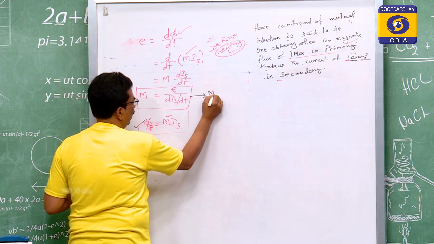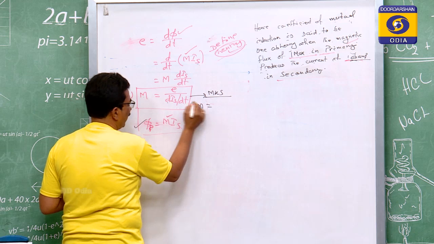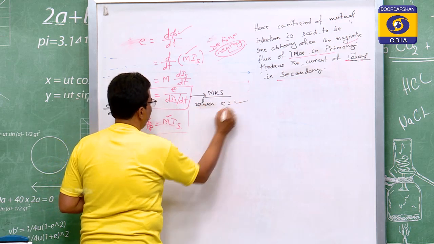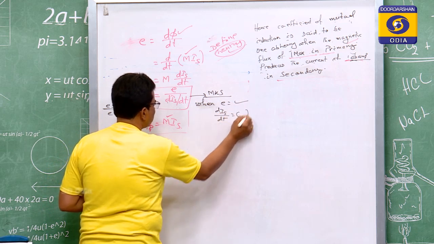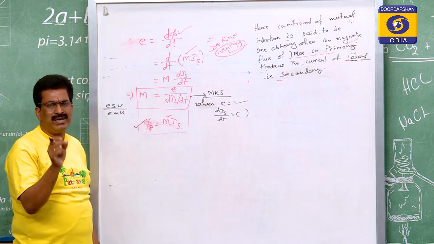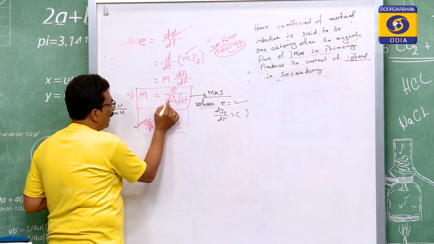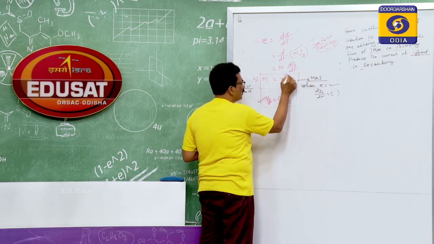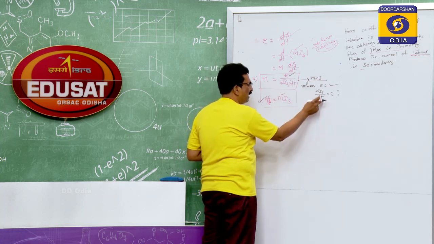For this one, if we go for the M case, as I said, to find the unit of any quantity, you will follow its mathematical expression. The mathematical expression is this one, E by dI by dt. When we are going for the M case, we have to choose the unit of E and the unit of dI by dt in the M case.